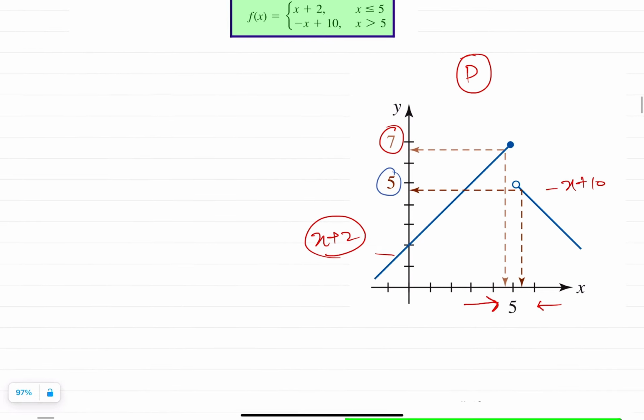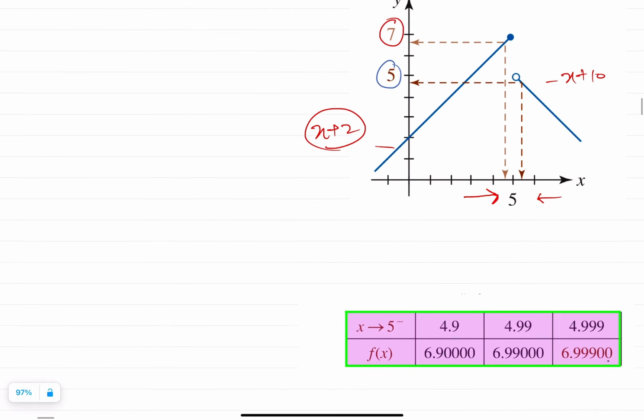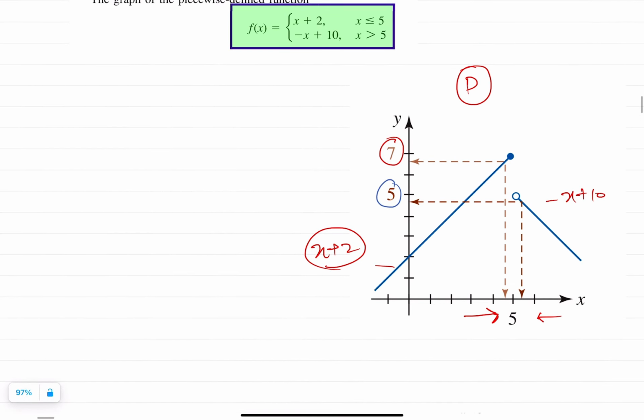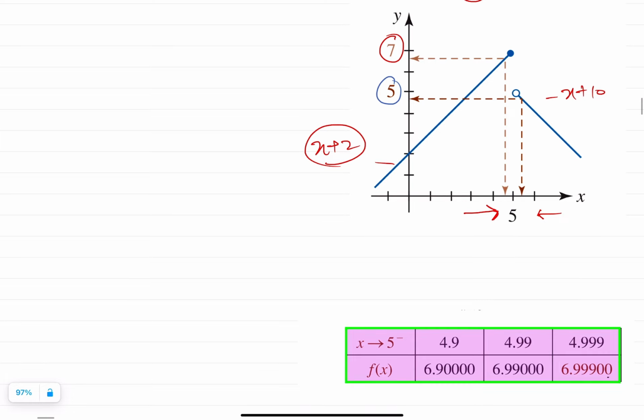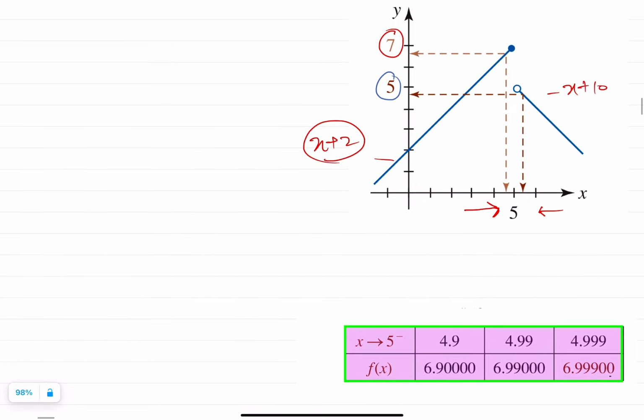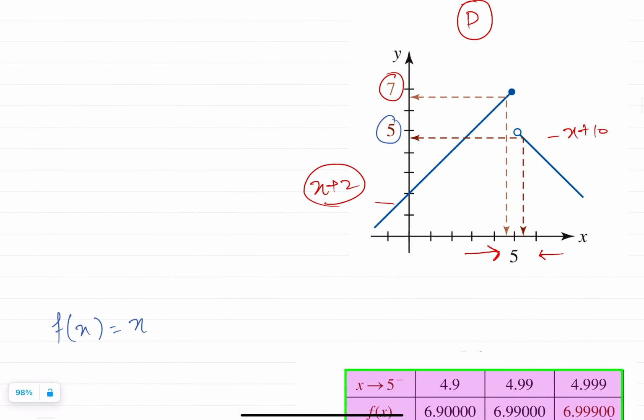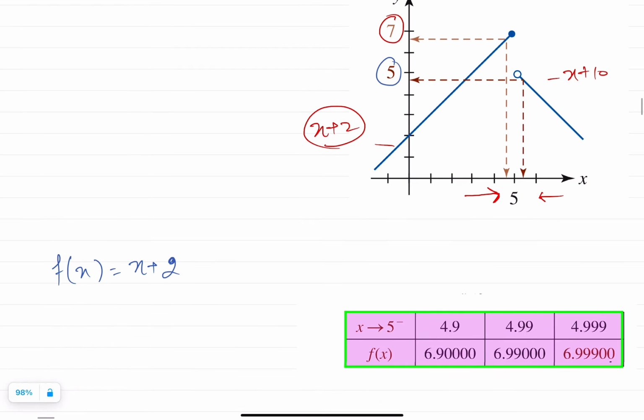Now if you want to find it with the help of a table, you take the function. If you have to find the limit for x equal to 5, you'll take the values less than 5. For values less than 5, we take the function f(x) equal to x plus 2. We can take different values that are near the value 5, for example 4.9.